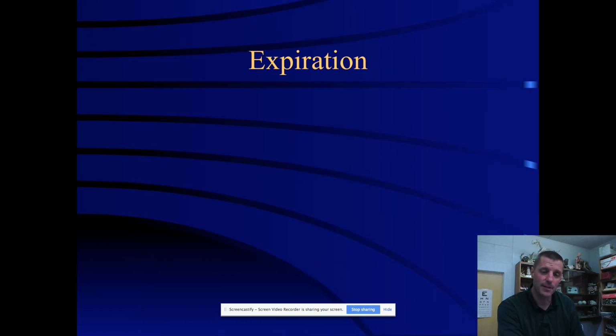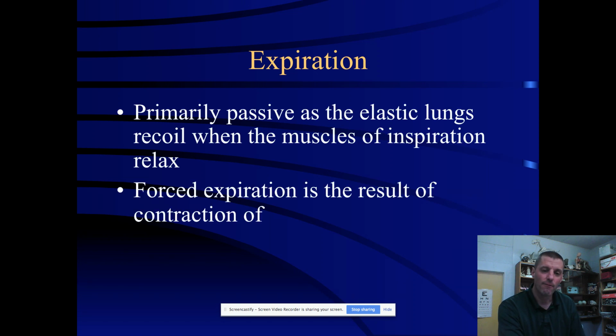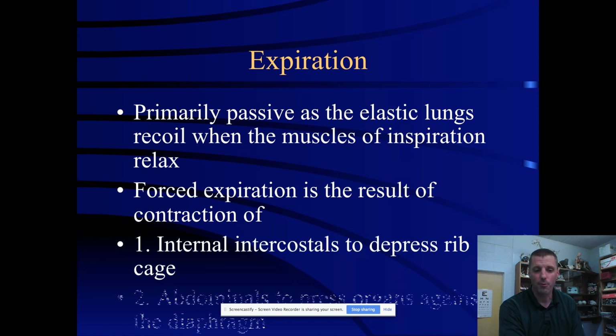Expiration, just the opposite. The elasticity of your lungs and the relaxation of your diaphragm causes expiration passively. Forced expiration, that's what I was explaining to you with blowing out the last candle on your birthday cake. You feel it in your abs and also in your ribs. And so that's for forced expiration.